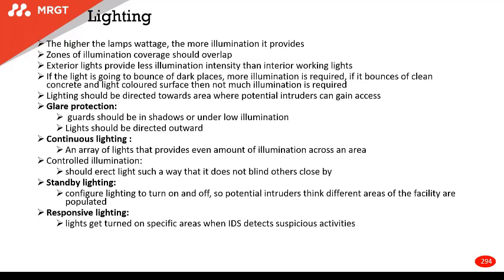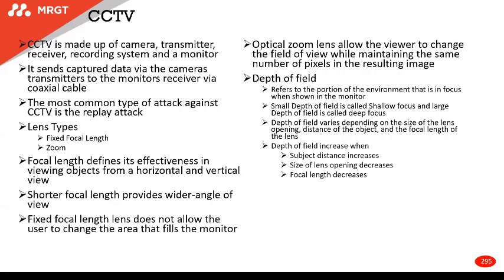Compensatory controls are aligned with it, like CCTV cameras, so that we can ensure that the intrusion is genuine. So we can do visual monitoring to do some surveillance, and that's achieved by CCTV cameras.